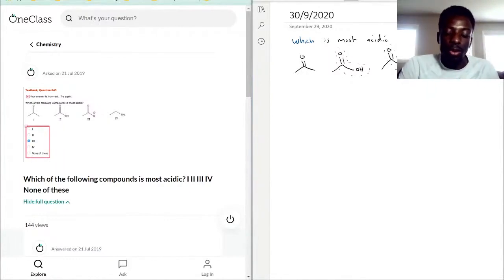So let's start with which ones can actually give away hydrogens. With that being our first indicator, this one's out, because carbons usually aren't the ones to give away hydrogens. You want to see an oxygen trying to give away a hydrogen. So that one won't work. And with that logic, this one also won't work because it has no hydrogen to give.